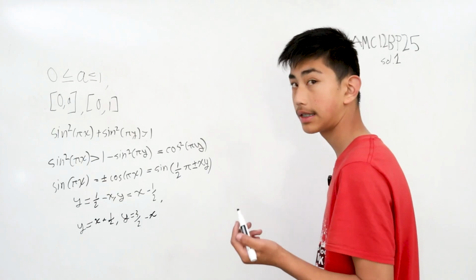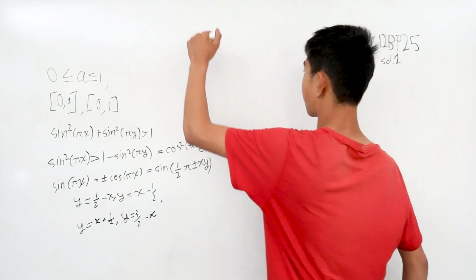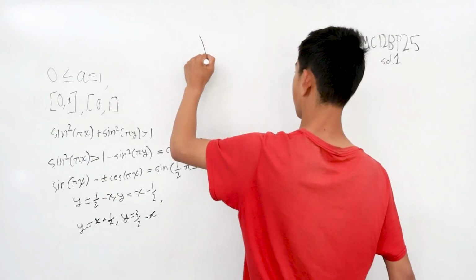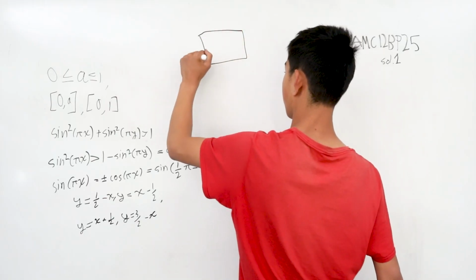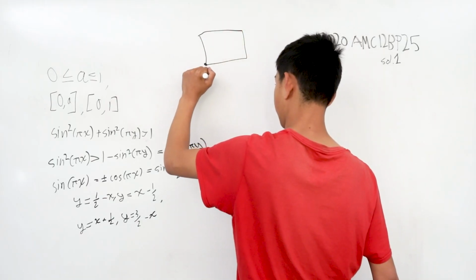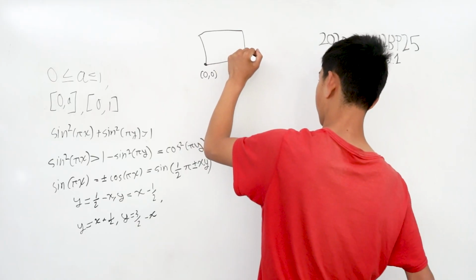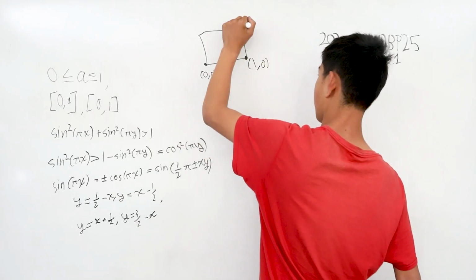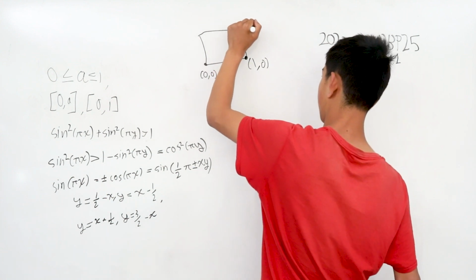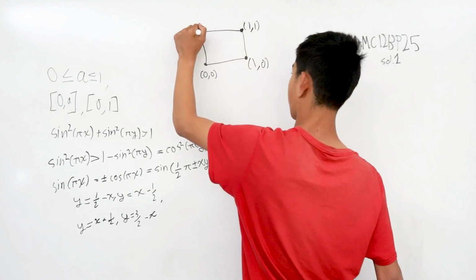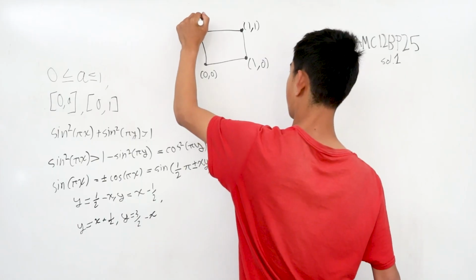So we see that if you just draw the figure, like the square, this point is (0, 0), this point is (1, 0), this point is (1, 1), and this point is (0, 1).